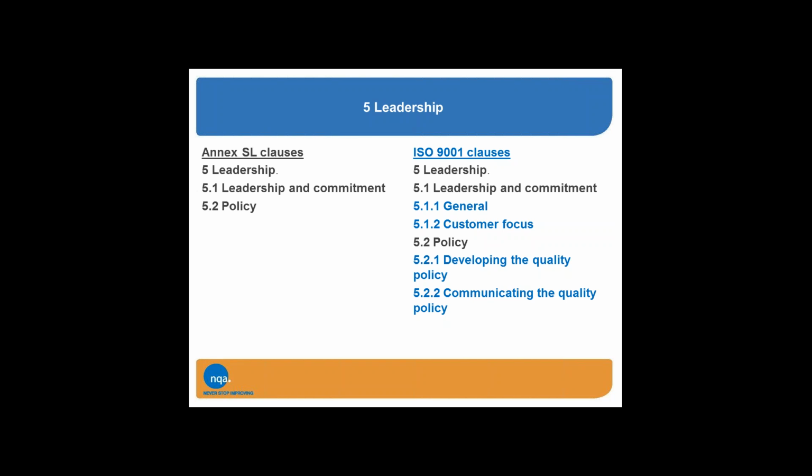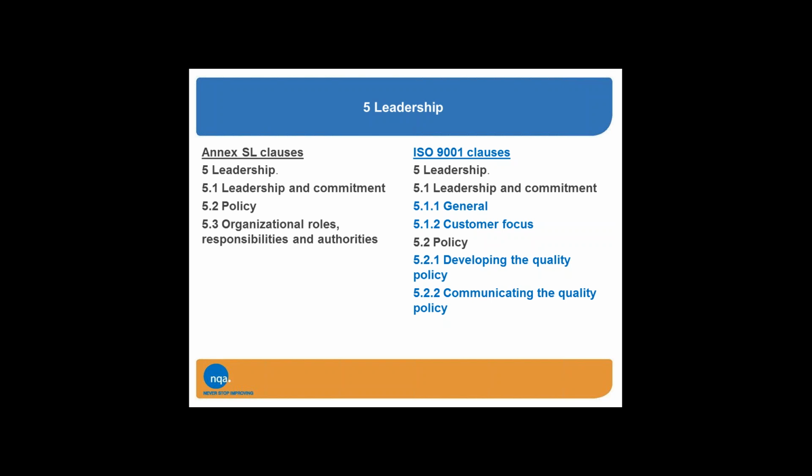Then we have the requirements around the need for a policy, and again this is a generic requirement that we have in 9001, although we have again some subheadings that 9001 uses, and in this case, these are really editorial, just to make the requirements around policy a little clearer.